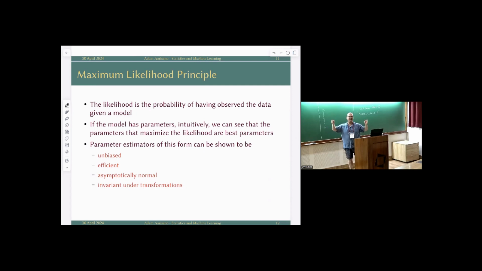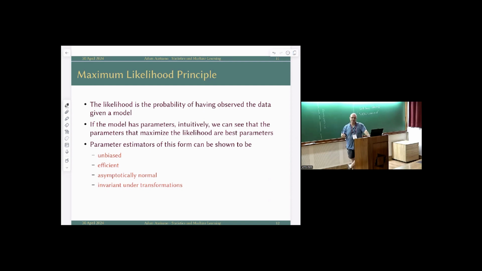Because the data had the highest probability of being drawn from that model, and therefore this is probably a better model for that data than the other versions of the models you have. So this principle is at play in pretty much all fitting you do.